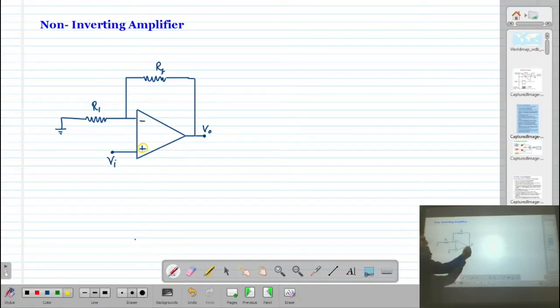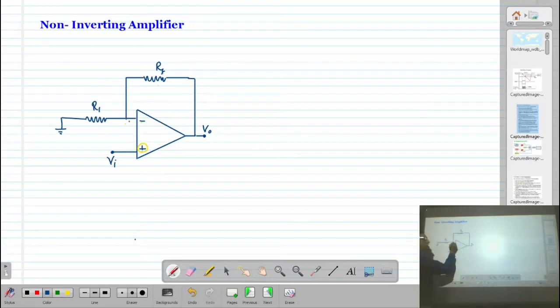So the output voltage is this. Between the output voltage and the inverting terminal, the feedback resistance RF is connected, and here we have a resistance R1. So this is providing a feedback network. And what kind of feedback is there? It is negative feedback, and in negative feedback, it is a voltage series feedback, because we are taking a fraction of the output voltage to the input.